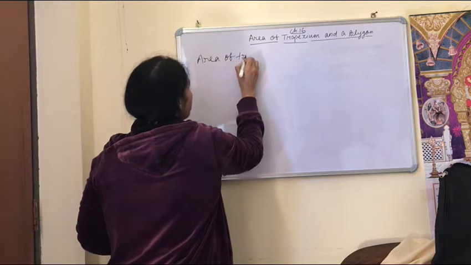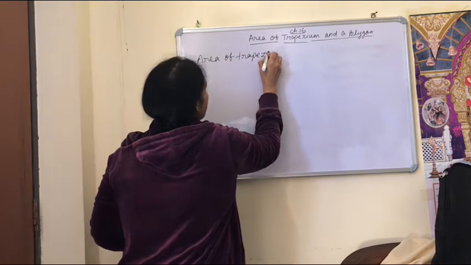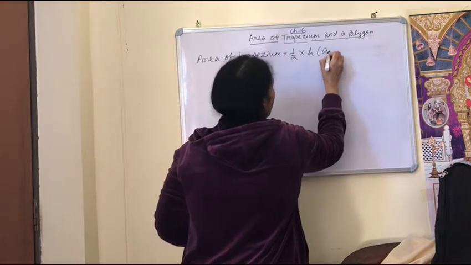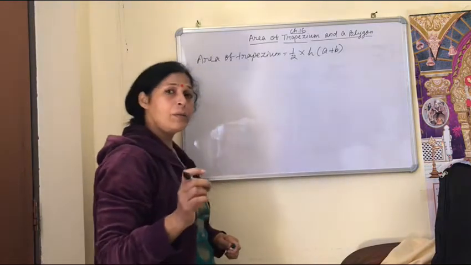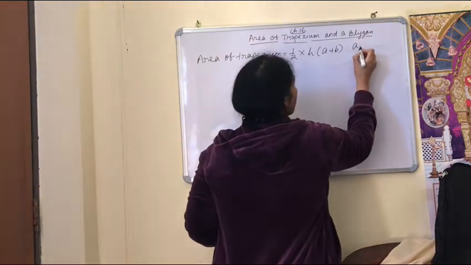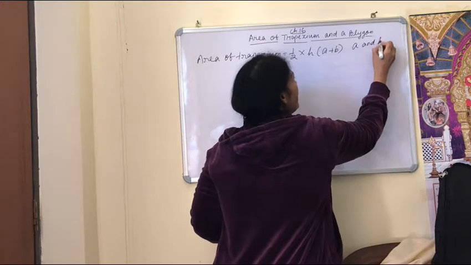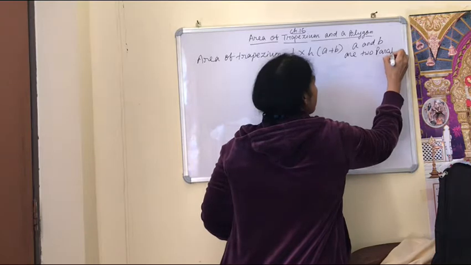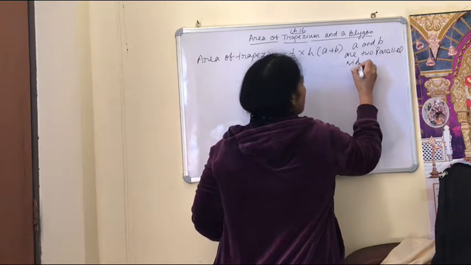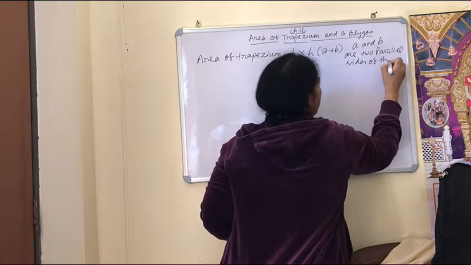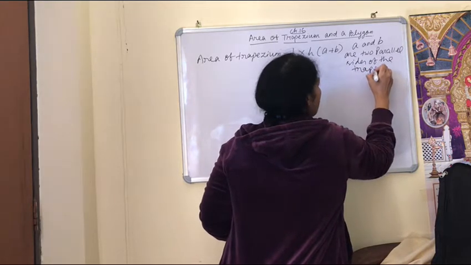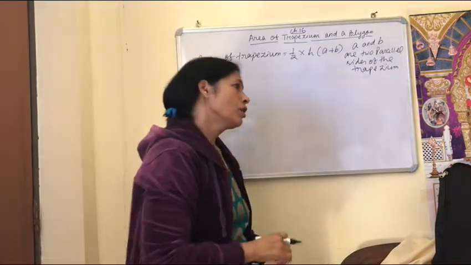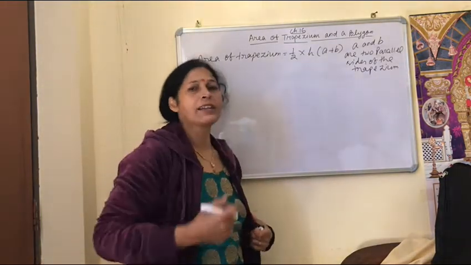Area of trapezium is half into h into (a plus b). What is a and b? a and b are the two parallel sides of the trapezium. What is trapezium? A quadrilateral having two opposite sides parallel.